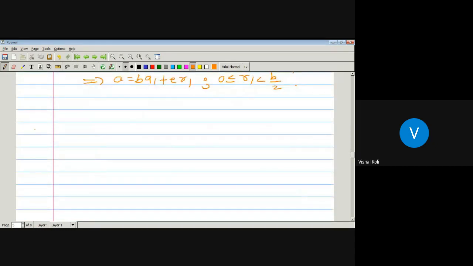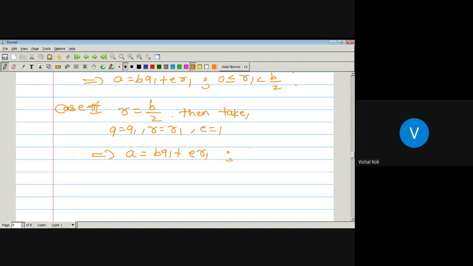Now the last case, which is case 3, in that R is equal to B by 2. Then take Q equal to Q1, R equal to R1, which implies A is equal to BQ1 plus ER1, that is E is equal to 1, ER1, where 0 is less than or equal to R1.